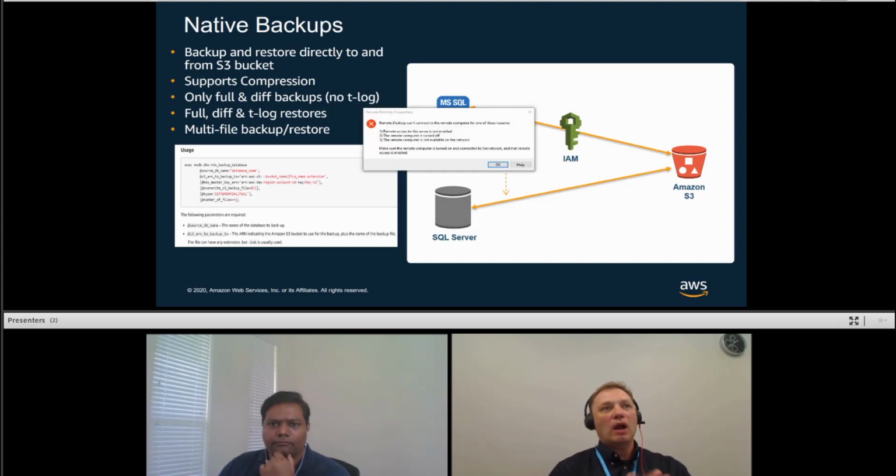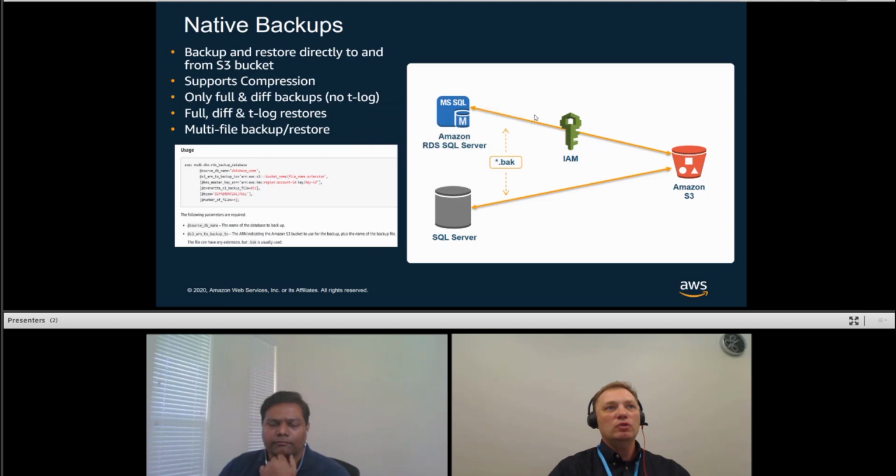Now, our service wouldn't be complete or well received if we did not have native backups available. Native backups being such an important part of the SQL Server ecosystem, I think it is very important to be aware that we're not taking away native backups from you.